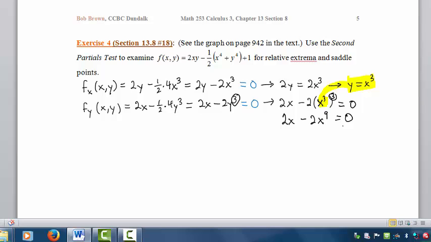Remember, you never divide by a variable. You could be dividing by 0 if you do that. We factor.